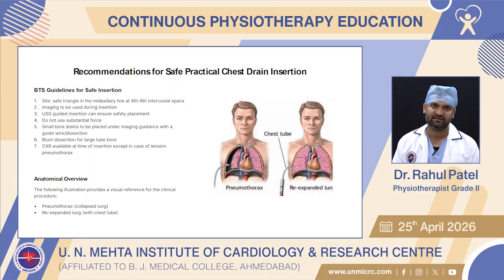Seventh, chest X-ray available at the time of insertion except in case of tension pneumothorax. Anatomical overview: the following illustration provides a visual reference for the clinical procedure. Pneumothorax, collapsed lung, then second, re-expanded lung with chest tube.